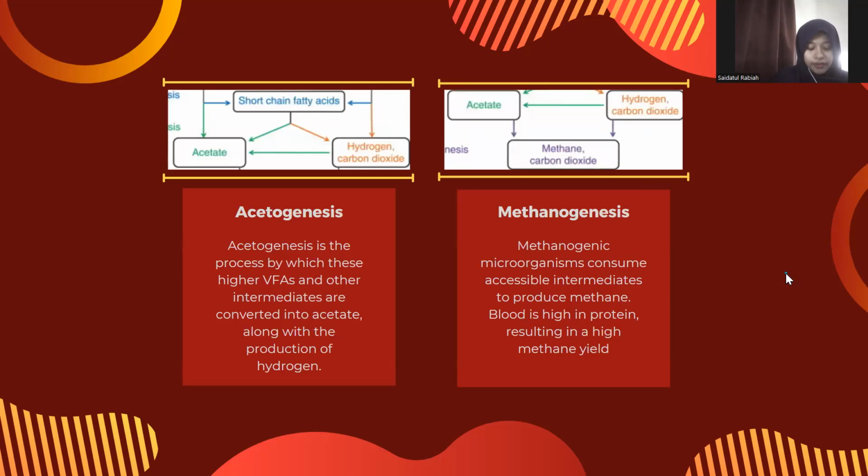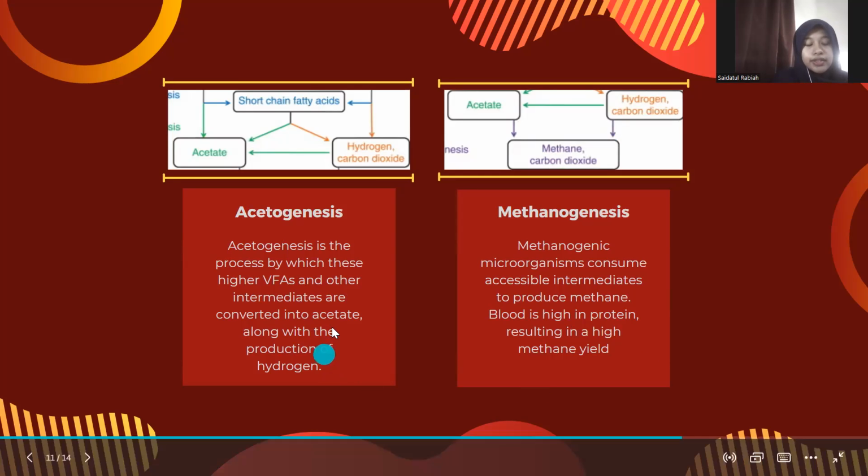Okay. And then the third stage of anaerobic digestion is acetogenesis. So the products from fermentation are converted into hydrogen and acetic acid. To produce acetic acid, acetogenic bacteria need oxygen and carbon.